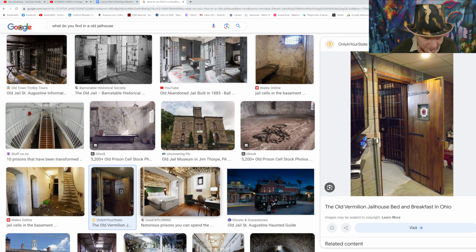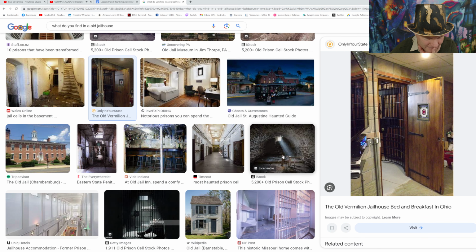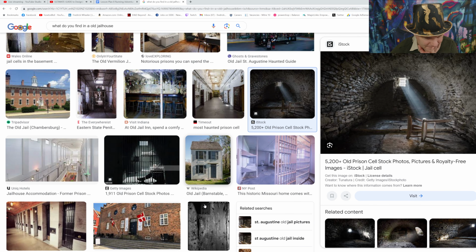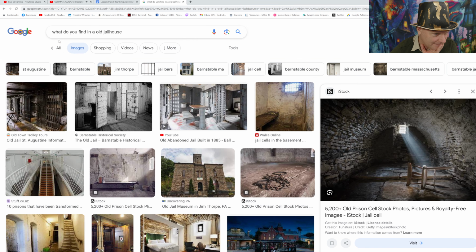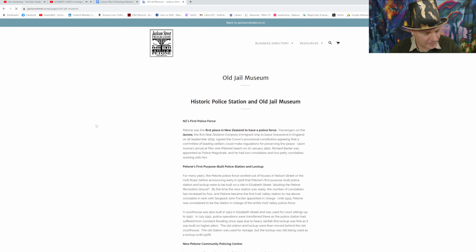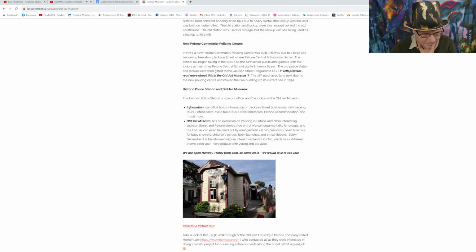It looks a little bit too modern for my liking. Oh, there's not much going on here. That doesn't look fun. Anyway. Oh, this is New Zealand's old jail. Really? Information.